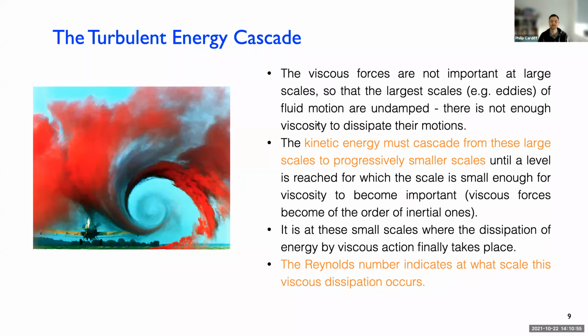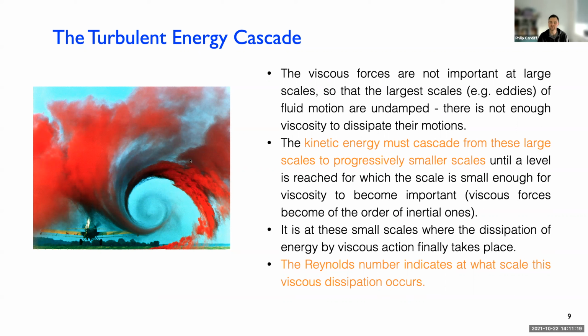At the large scale, the viscous damping of the air in this case, or whatever the fluid is, is negligible. There's a certain inertia this eddy has that's causing it to swirl around, and the viscosity of the fluid isn't really slowing it down in any way. It's not really absorbing much energy or dissipating much energy into heat. But as the eddies get smaller and smaller, the relative effect of viscosity gets larger and larger.